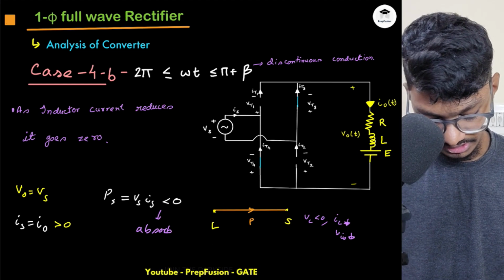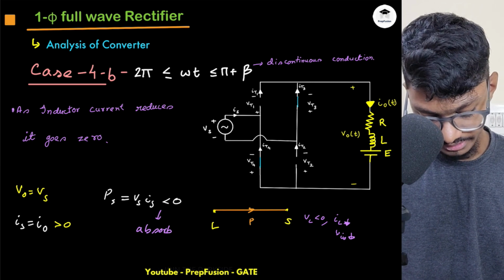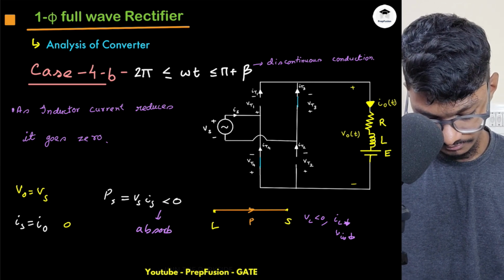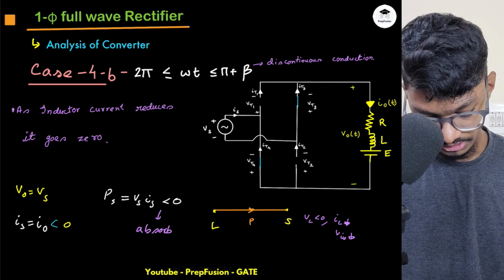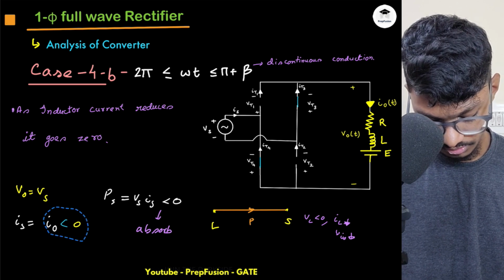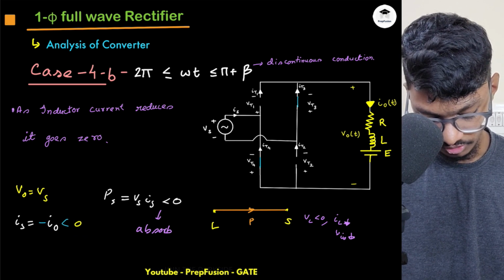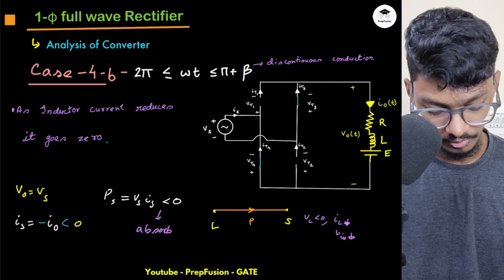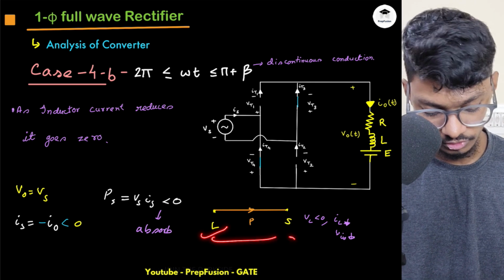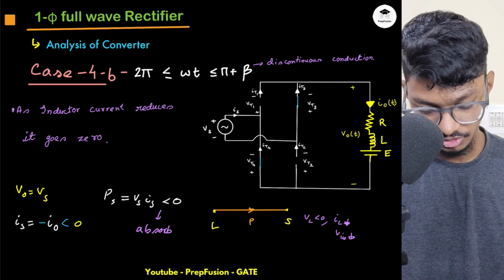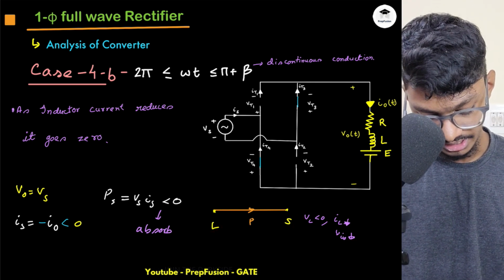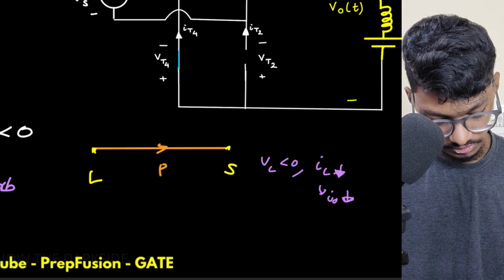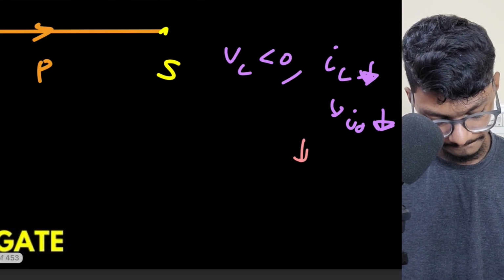As it keeps T3 and T4 on, the current this time is negative, because Is equals minus IO. IO is positive, but minus IO will be negative. Hence my source will absorb some power. Power will flow from load to source, and the inductor will completely discharge, so IO will reduce as it de-energizes.